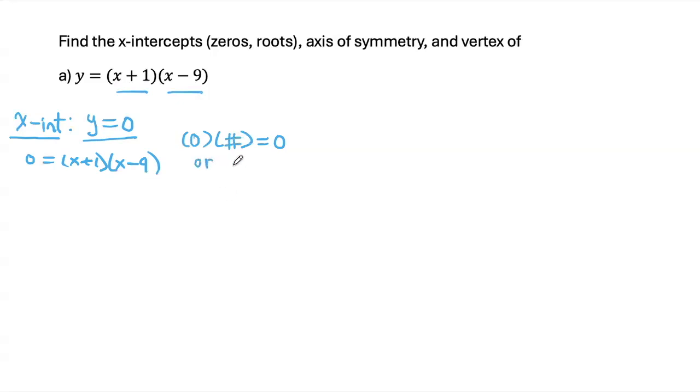Or maybe it's the other way. Maybe the first bracket is just any number out there, but the second bracket is a value of 0. These are the only two ways to get two numbers to multiply to 0.